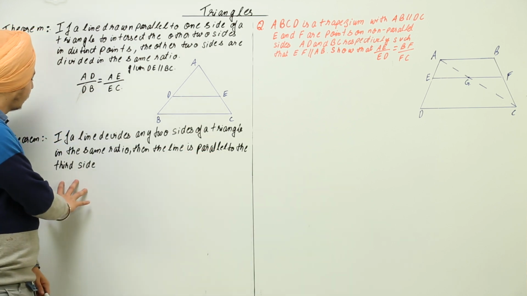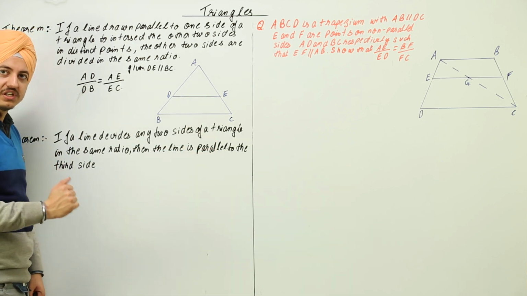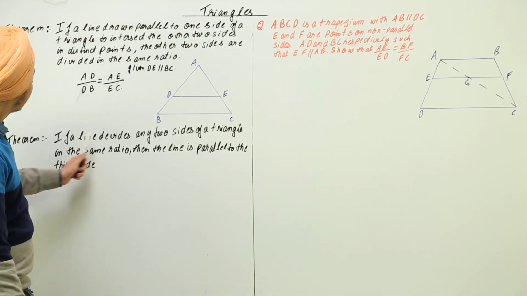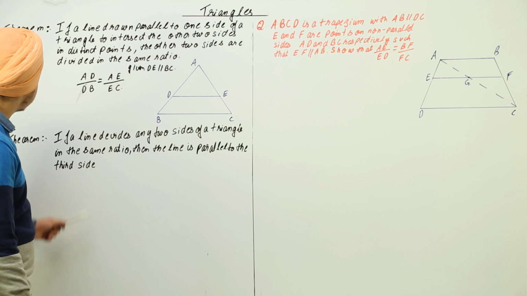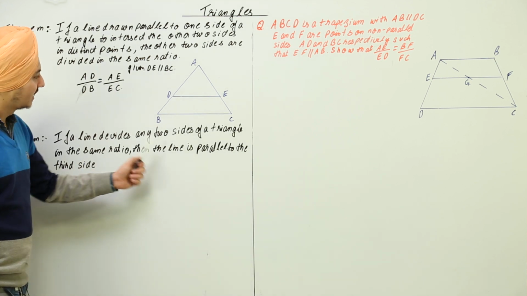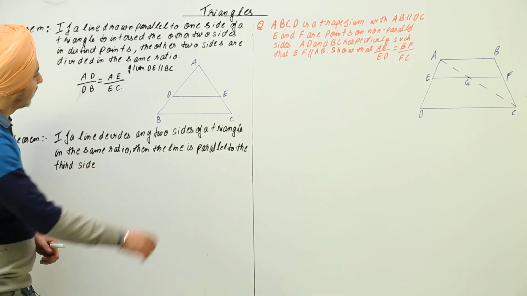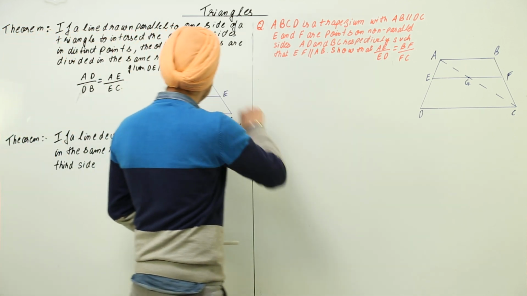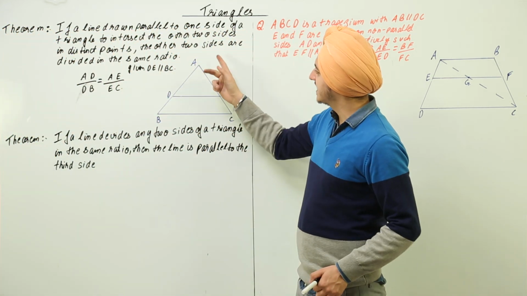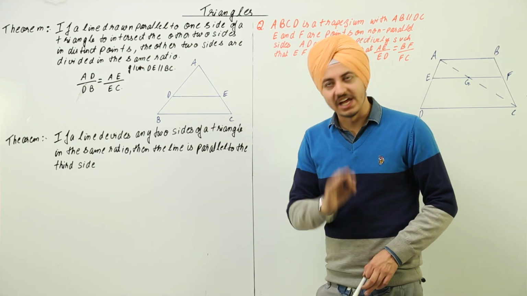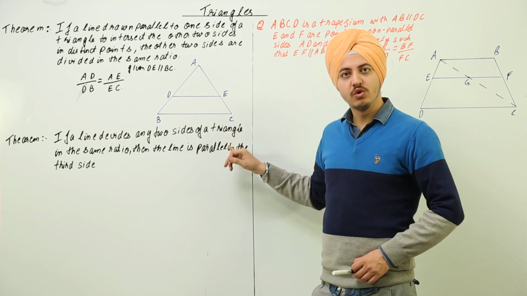Now the next theorem is just the vice versa of this. It says if a line divides any two sides of a triangle in the same ratio, then the line is parallel to the third side. Now if this line DE divides these sides in the same ratio, that is AD upon DB is equal to AE upon EC, then DE is parallel to BC.